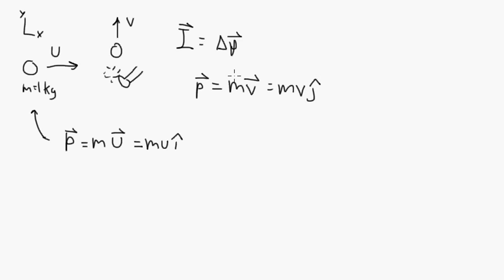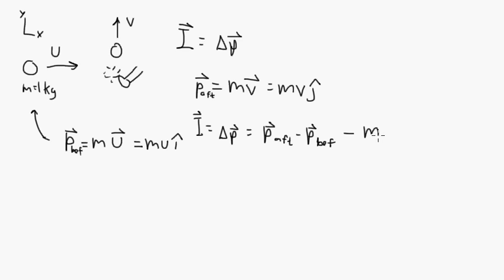Okay, so delta P, the impulse I, equals delta P, equals final momentum minus initial, so after minus before.